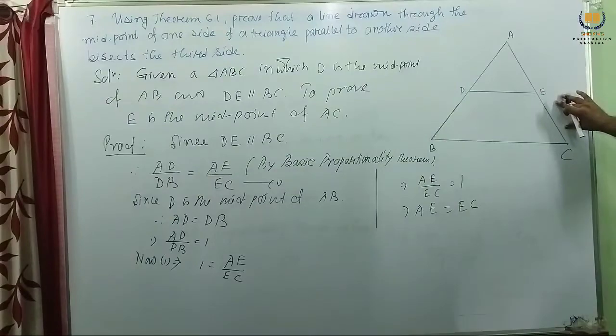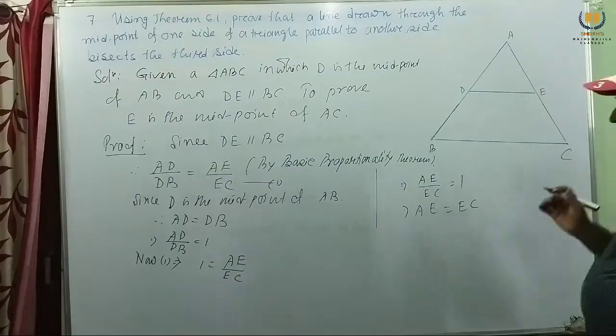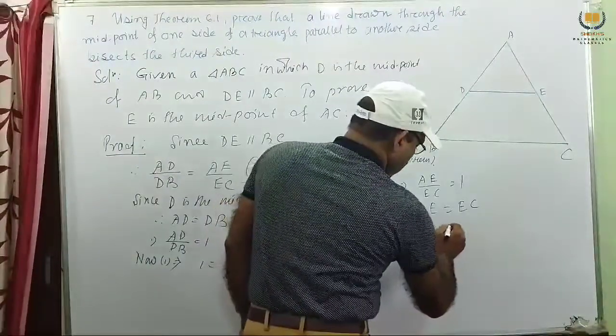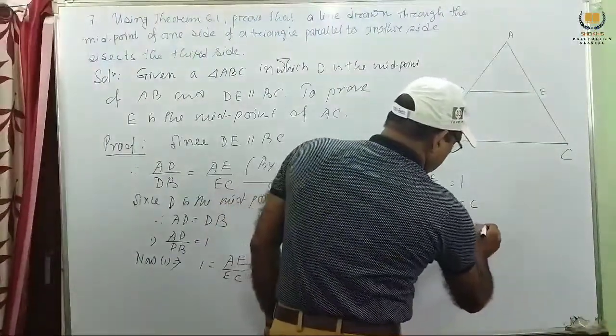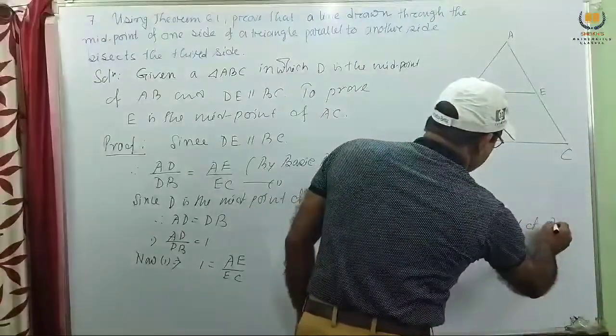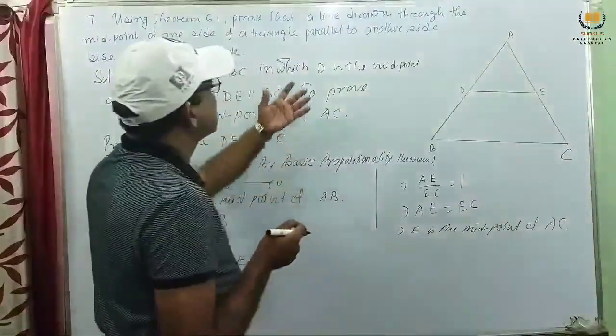AE equal to EC means E is the midpoint of AC. This implies E is the midpoint of AC. We have to prove this.